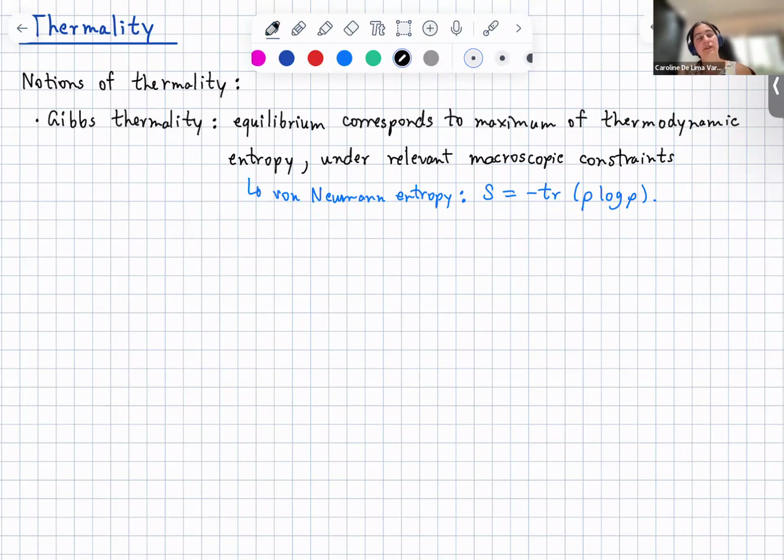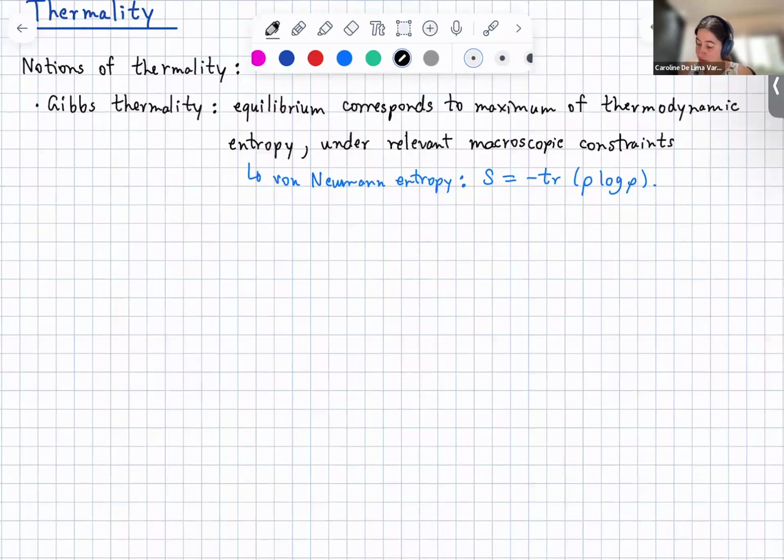And remember that I mentioned as well that this notion of Gibbs thermality makes a lot of sense as long as we are not in situations of uncountably many dimensions, which is precisely the case for QFT. In order to generalize this notion of thermality, there are the so-called KMS conditions.